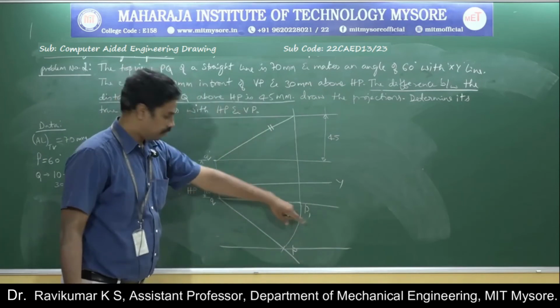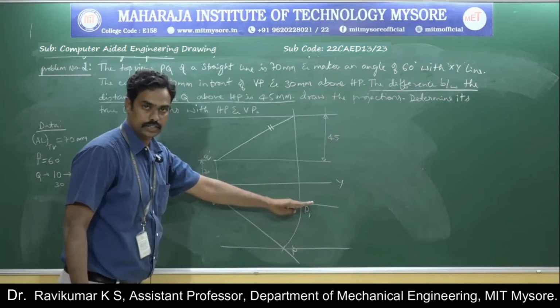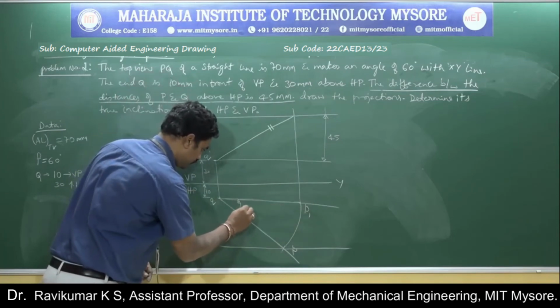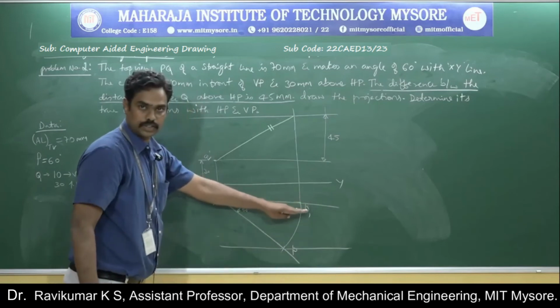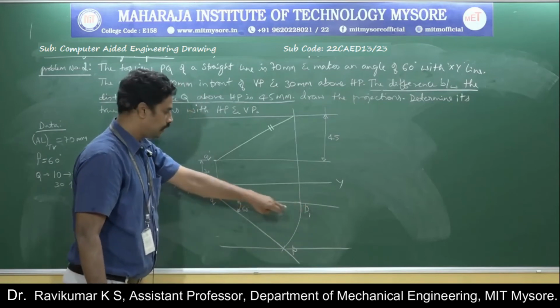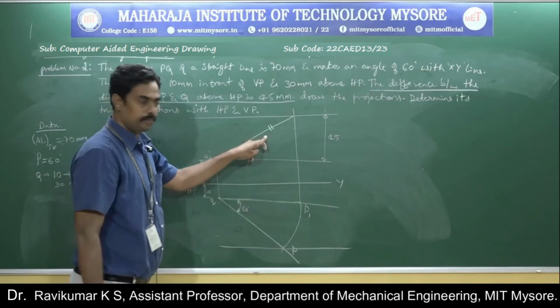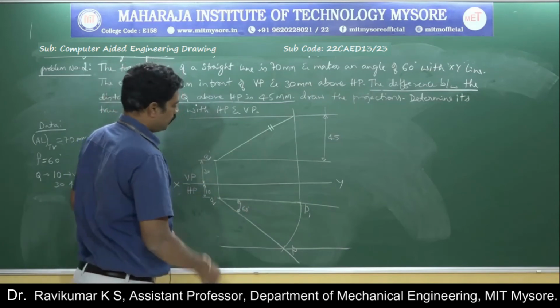It is appearing parallel because I have taken off the inclination, that is 60 degree. It is appearing parallel to the XY line in this view. Therefore, I will get the true length in the other plane, this is the true length.